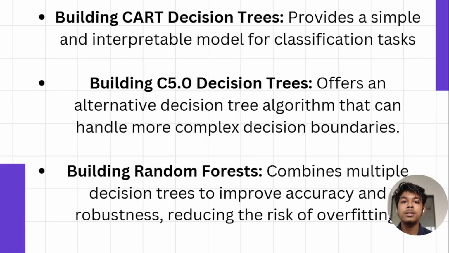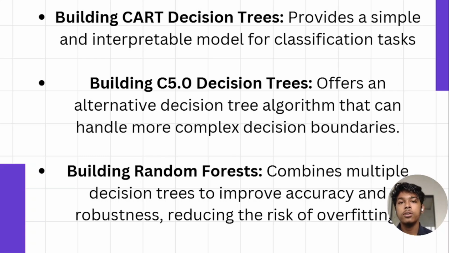After building the CART decision tree, it provides a simple and interpretable model for classification tasks. And after that, we can easily build the C 5.0 decision tree, which offers an alternative decision tree algorithm that can handle more complex decision boundaries or tasks. In simple words, after building the CART and C 5.0 decision trees, we have alternative decision trees to handle more complex tasks.